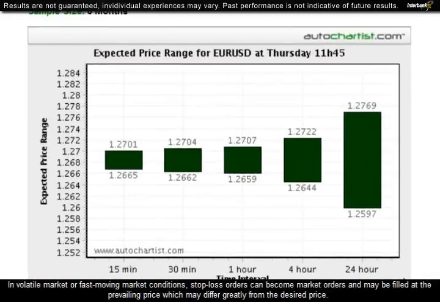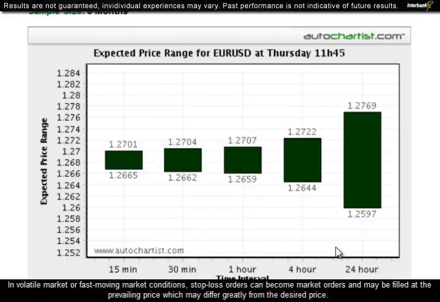Now, I wanted to pick this time purposefully because this is 11:45 a.m. and there's a reason I chose this particular time. Because if we had been looking at 8 a.m. Eastern Standard Time, 9, 10, even 11 a.m., even just 45 minutes ago, it's likely that our price movement ranges would have really shown a much more dramatic shift or a much more dramatic difference from the 15 to the 1 hour to the 4 hour.